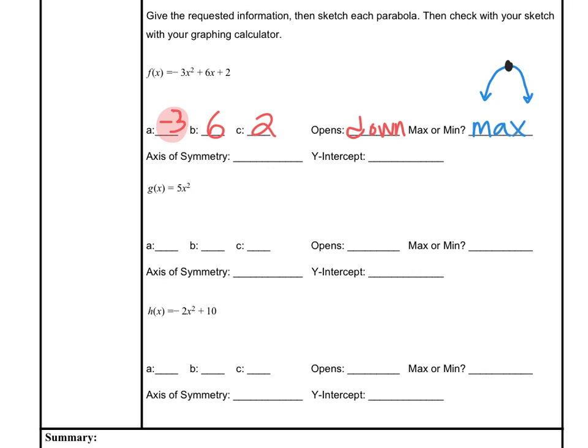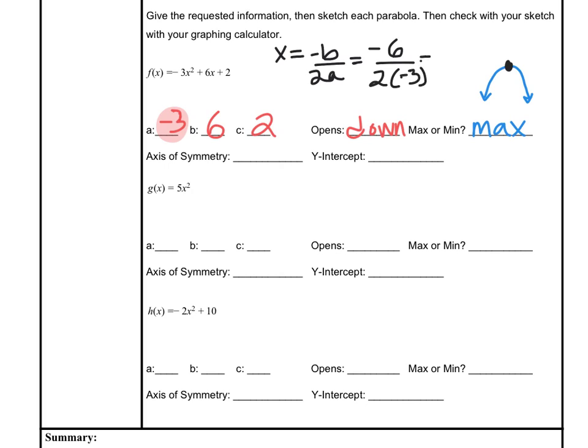To find our axis of symmetry, we use x equals negative b over 2a. That's on the front of your notes. Negative b means to negate the b value. So it's going to be negative 6, since the 6 was positive, over 2 times a, which is negative 3.